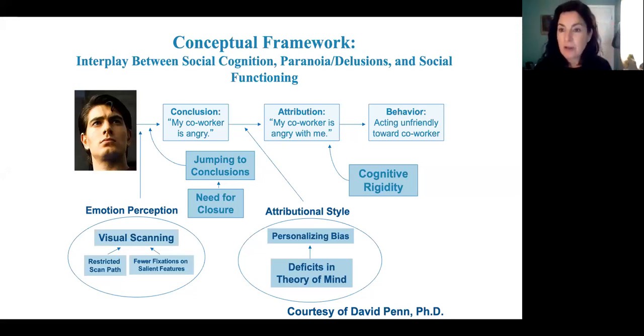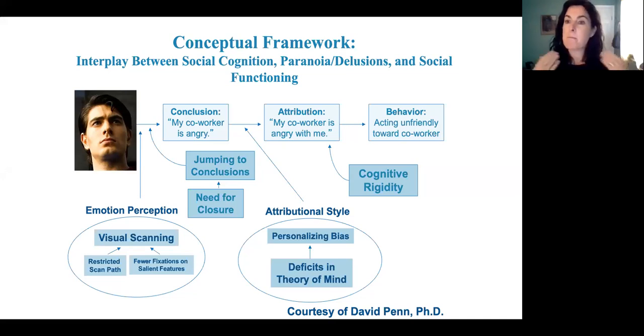There is an impairment that exists that people with schizophrenia or people with paranoia and delusions don't do that as much, right? So they might focus on some little part of the person's face, but not get the whole picture. It's a narrow focus. And they also tend to perceive people's faces who are showing neutral emotions as showing negative emotions, which isn't actually necessarily the case.